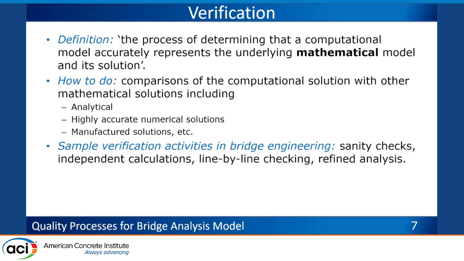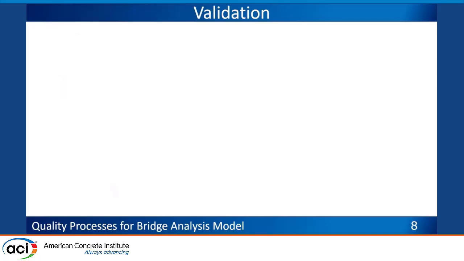So in verification, the relationship of the simulation to the real world is not the question, right? It's not the issue. But in validation, what we are looking for is the relationship with the real world.